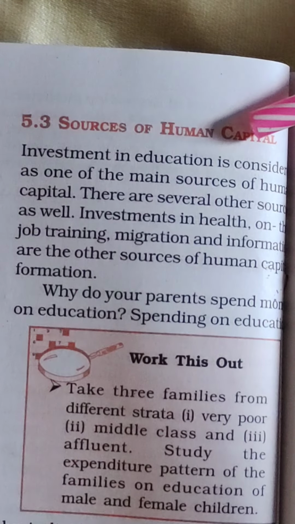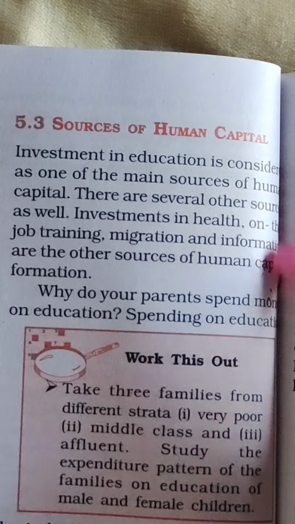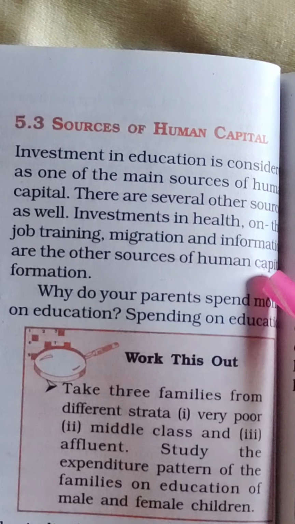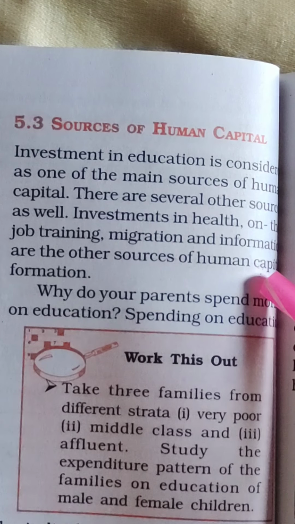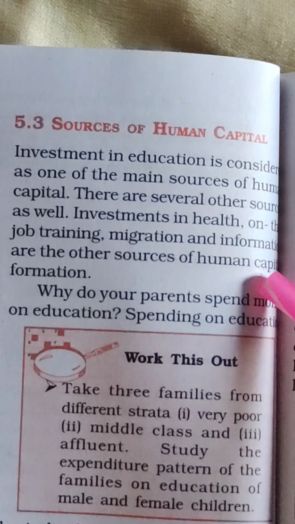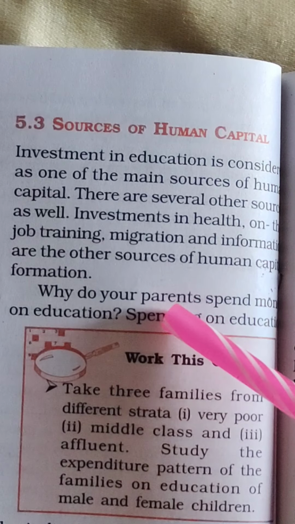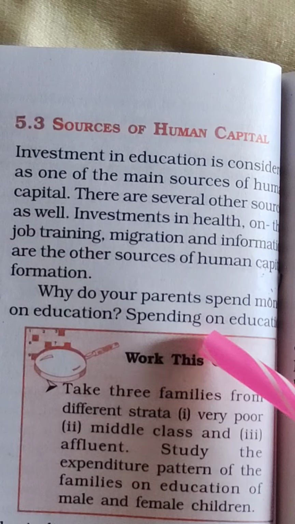Sources of human capital. Investment in education is considered as one of the main sources of human capital. There are several other sources as well. Investment in health, on-the-job training, migration, and information are other sources of human capital formation. Why do your parents spend more on education?